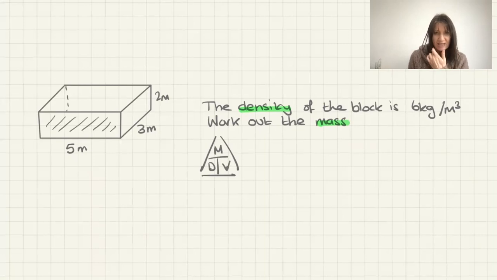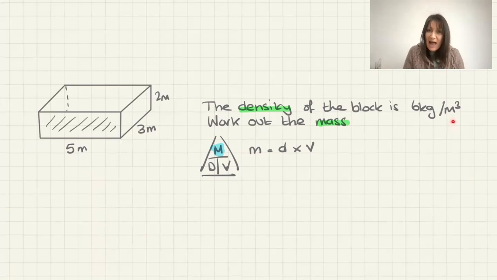Okay. So even though the question itself had no mention whatsoever of volume, you have to have volume to work out the mass. Yeah, we're trying to work out this. So the mass is equal to density times volume. Well, I've got the density in the question, happy days, but no one's given me the volume.